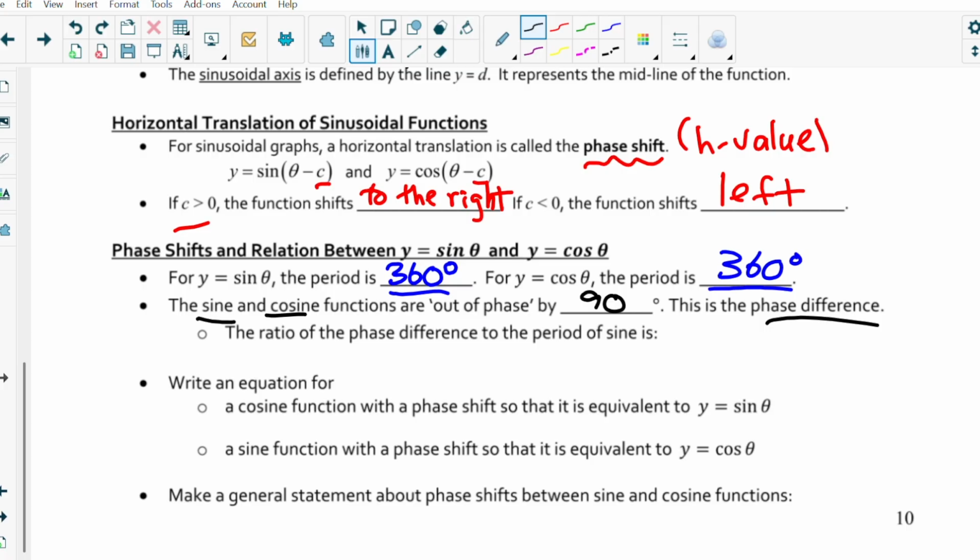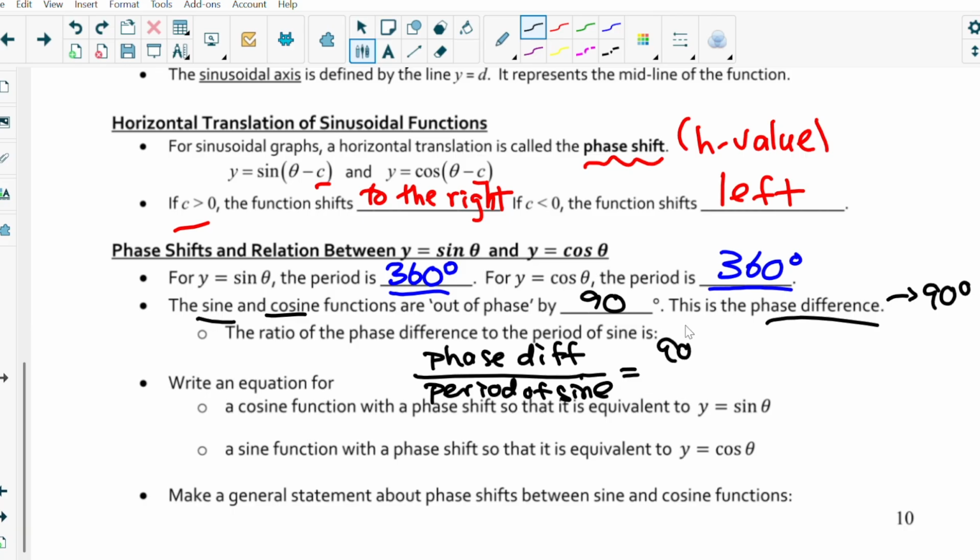The ratio of the phase difference to the period of sine: the phase difference is 90 degrees, divided by 360 degrees, or a 1:4 ratio.